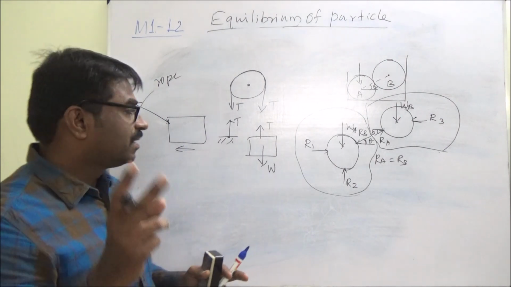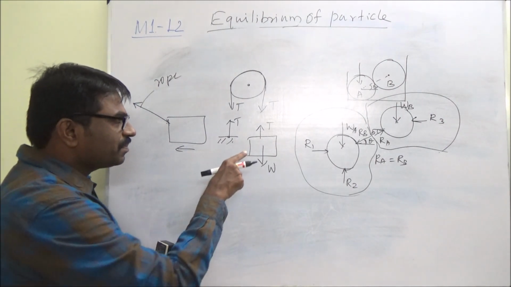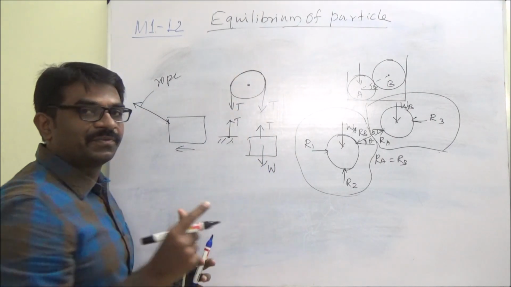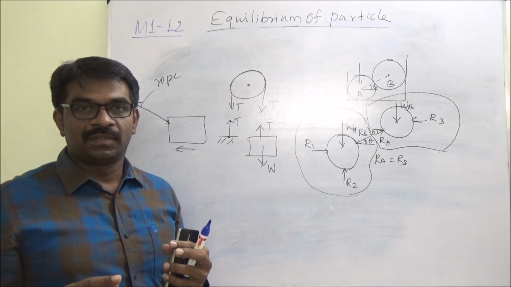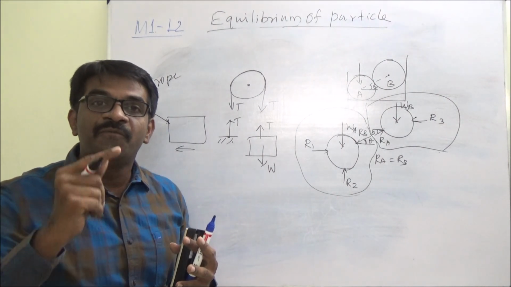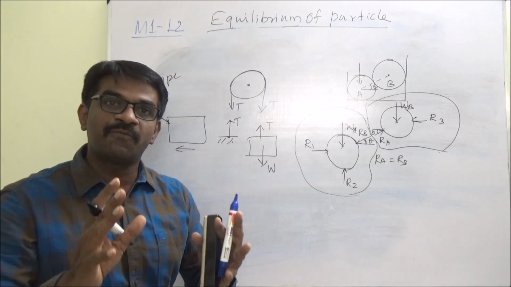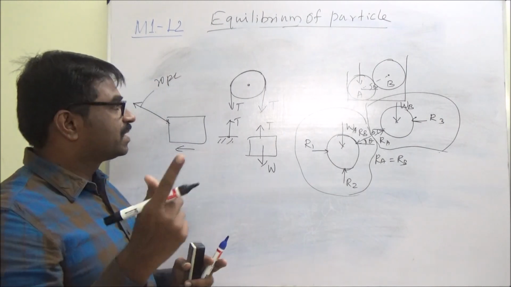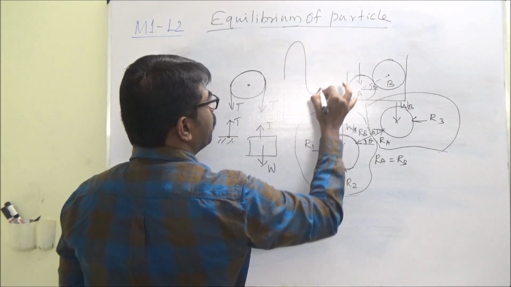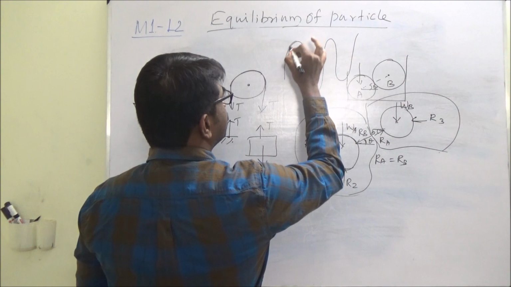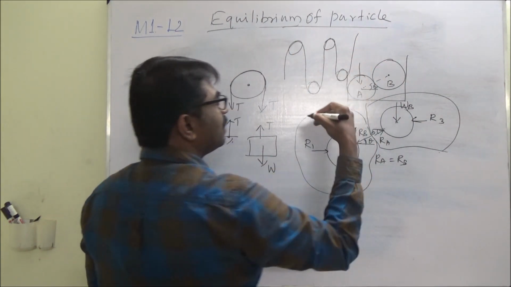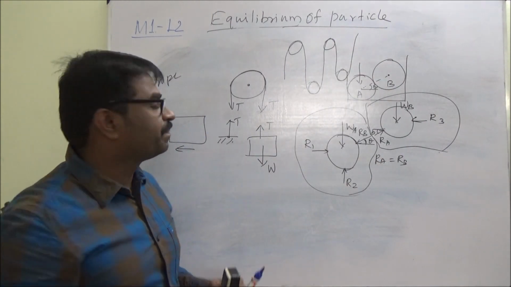This is one thing. Number two, when you have a rope connected, every point for a single rope, I repeat, for a single rope, every point will have the same force or the same tension. Say for example, you would have a rope passing through many pulleys, pulley 1, pulley 2, pulley 3, or anywhere it may pass.